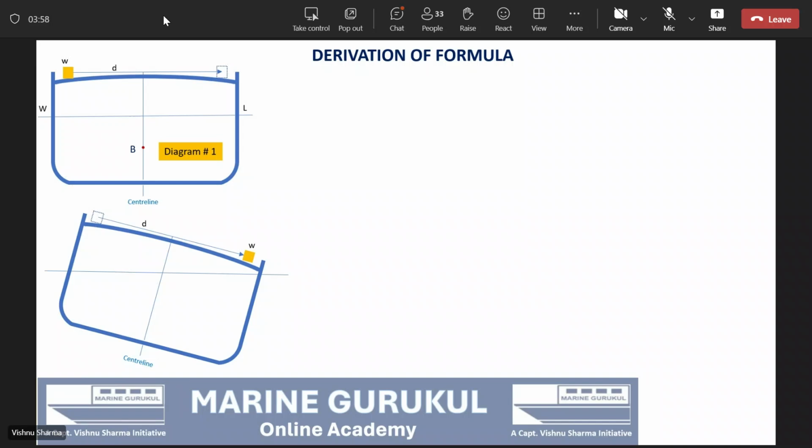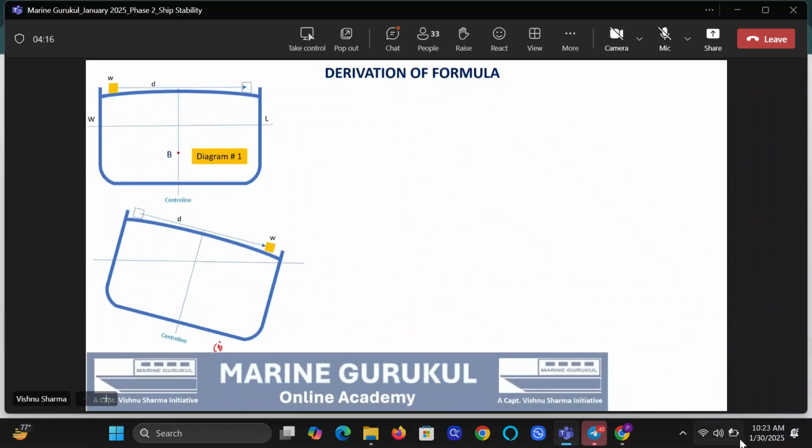Am I right? Now, in this case, I will take the listing moment in the second diagram, that is the equilibrium condition, like we took the equilibrium condition when we were deriving the formula for heel during turning. So instead of the initial condition, I will take it from this. The two do not make a difference. Sometimes we choose the second one because it results in a more convenient formula.